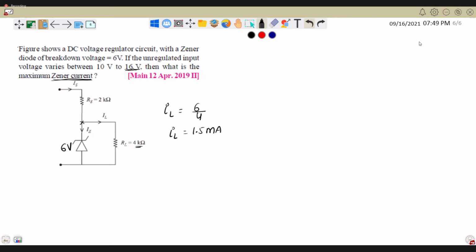So by 2 kilo ohms, 5 milliamp. So what is your current? 5 minus 1.5, 3.5 milliamperes. Clear?